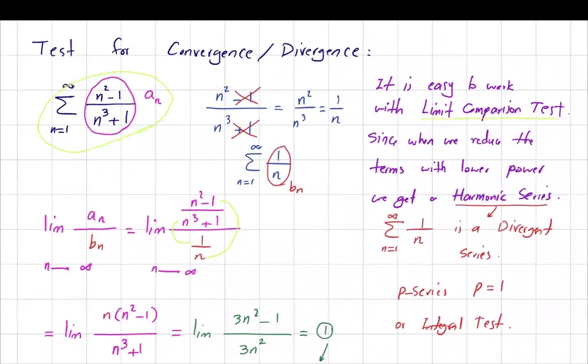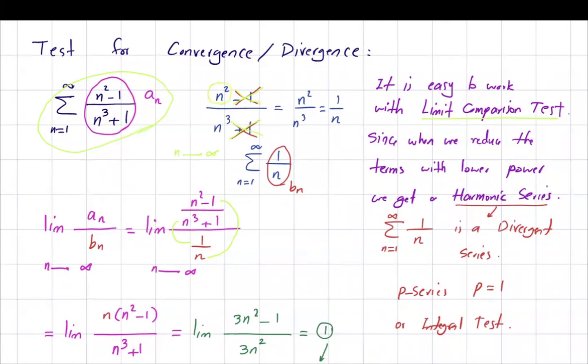By using the limit comparison test, I can easily see that it is comparable to the harmonic series 1 over n because I can get rid of the terms with lower power. Why? Because n goes to infinity, we can just compare the speed at which these expressions or terms go to infinity.